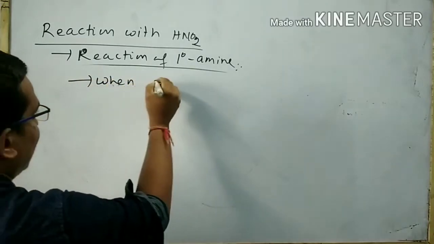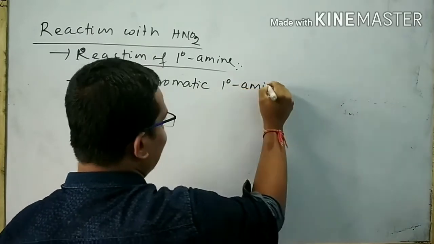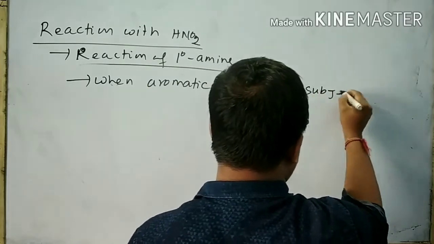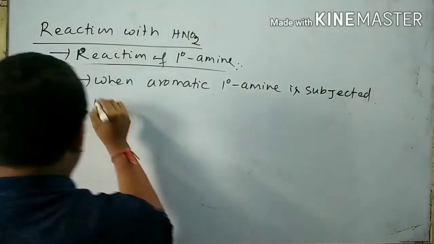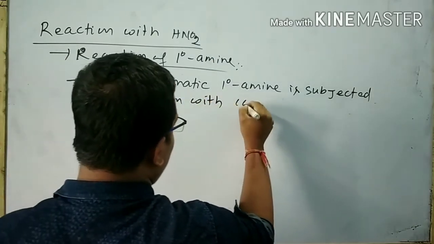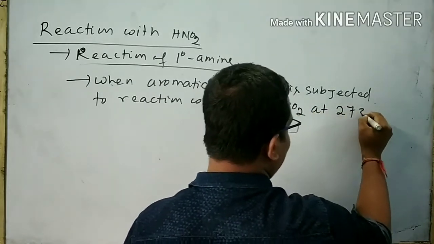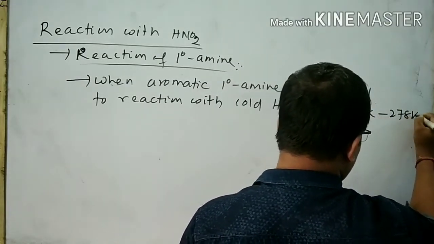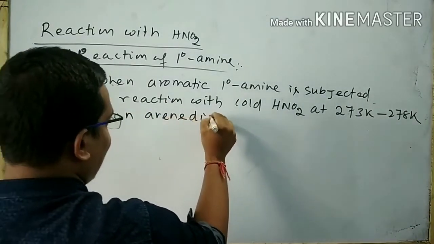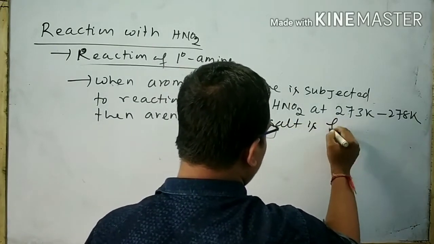When aromatic 1 degree amine is subjected to reaction with cold HNO2 at 273 Kelvin to 278 Kelvin, then aryl diazonium salt is formed.